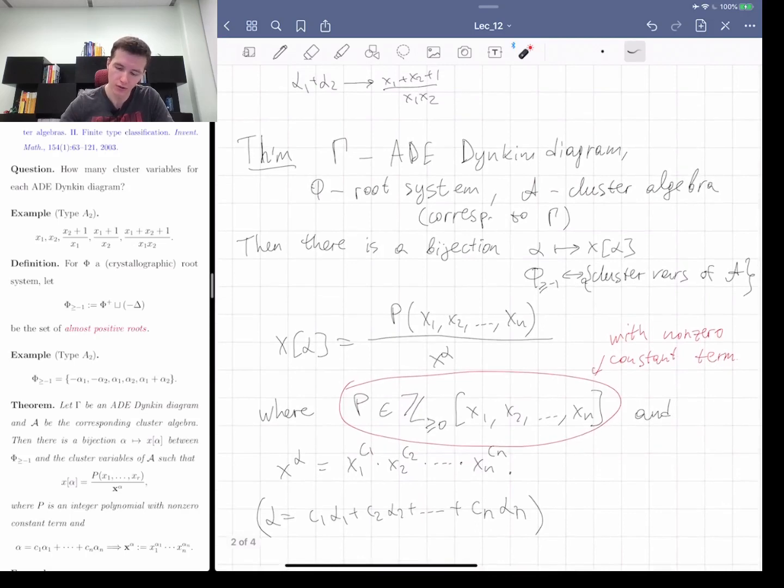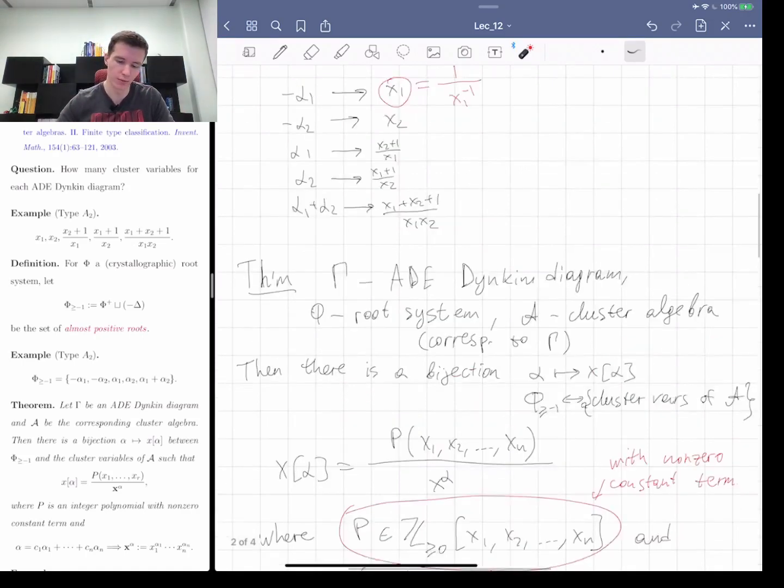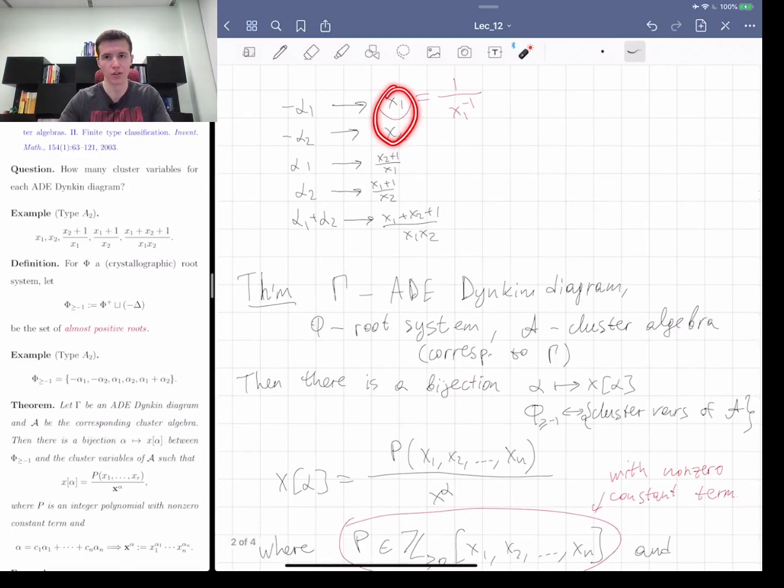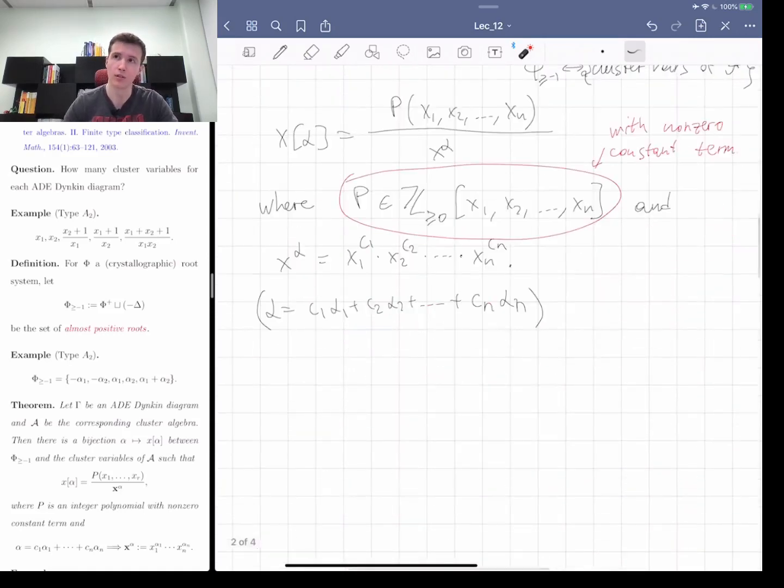This bijection tells you that you only get positive roots or negative simple roots. And of course, the negative simple roots correspond to your initial cluster variables. So that's always going to be the case, right?